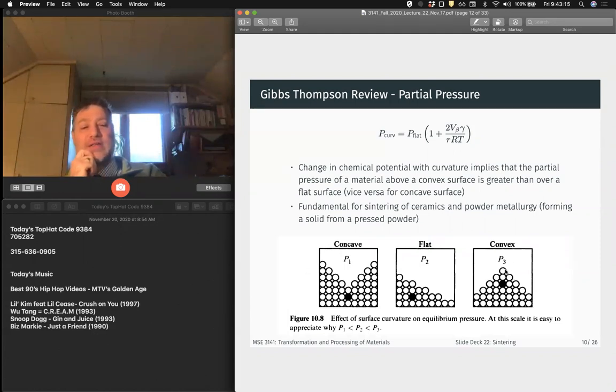This atom has much less confinement on it than, say, this atom down here. So the partial pressure above this convex surface is going to be higher, easier for atoms to leave. And the vacancy concentration is going to be greatest under here.